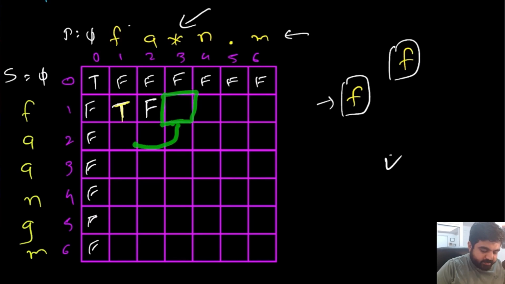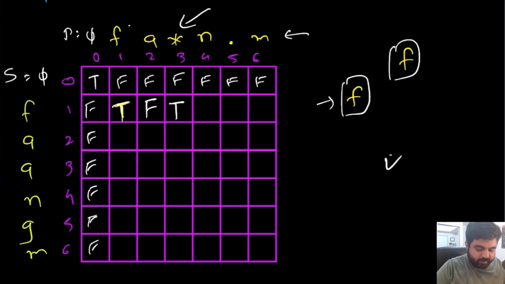So now the new theorem comes: whenever we are dealing with a star value, we will have to check the value before its preceding value. And if that is true, then we can directly mark true over here. So we check, okay, this was true, so definitely we are going to put true over here.